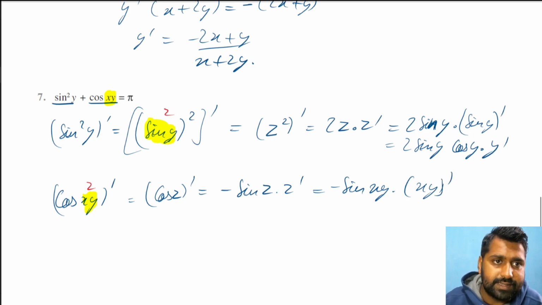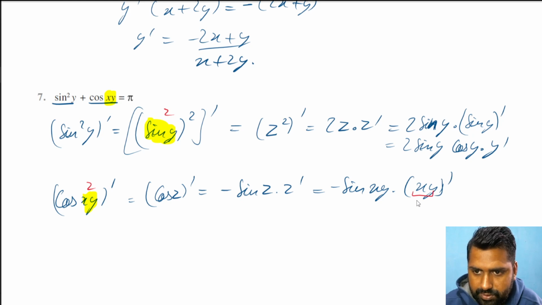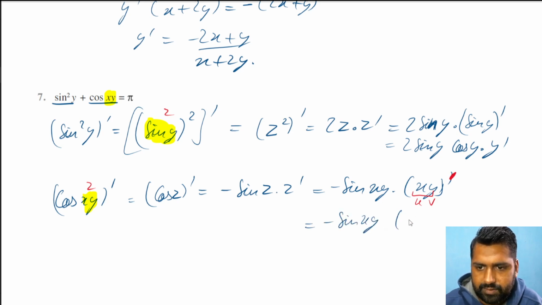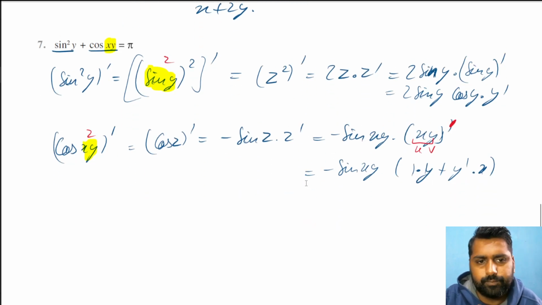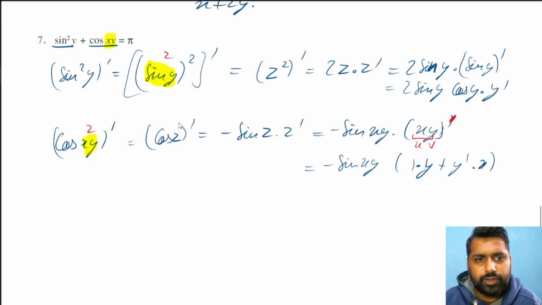And for this you will have to use uv. So minus sine xy, let's apply uv. Differentiation of x is 1, y as it is, differentiation of y is y dash into x as it is, so 1 into y plus y dash into x. Now I have differentiated both the expressions.